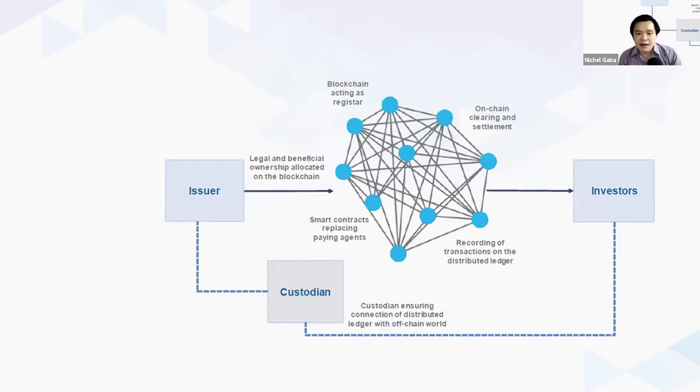Okay. Kanina, Commissioner F was talking about disintermediation being what can happen if we adopt digital assets. True, some roles will be disintermediated, but actually not all.